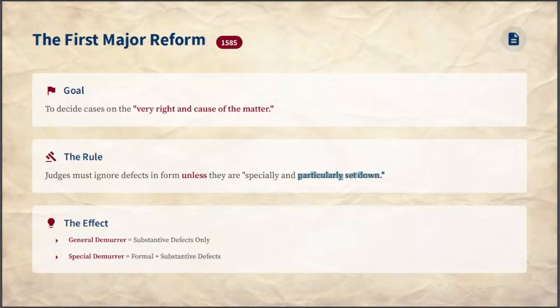So the other party would specifically and particularly oppose them or object to them. The effect is we have a general demurrer, which is substantive defects only, and a special demurrer, which is formal, the technicalities plus substantive defects. Either way, substantive defects must be there in a demurrer, but the special demurrer can actually use some of the technicalities within it. We'll get into that in just a moment.